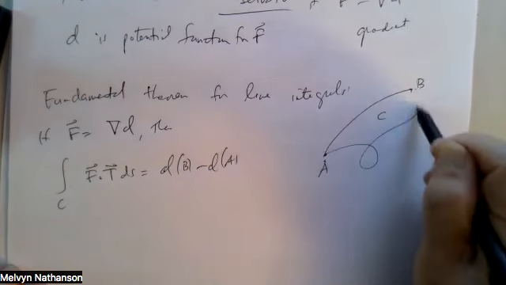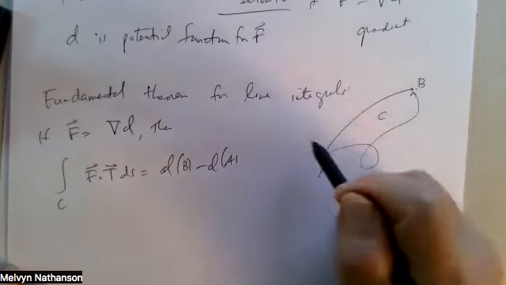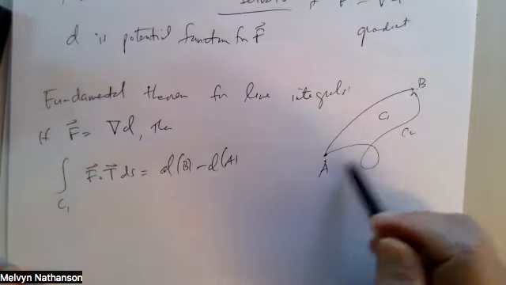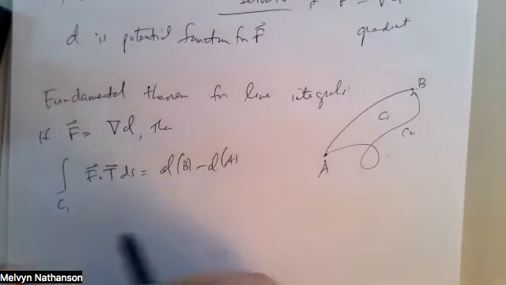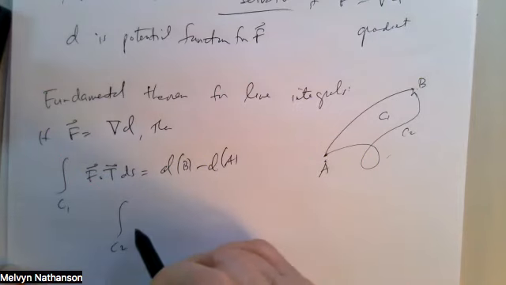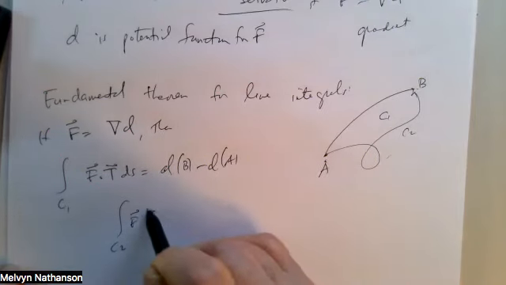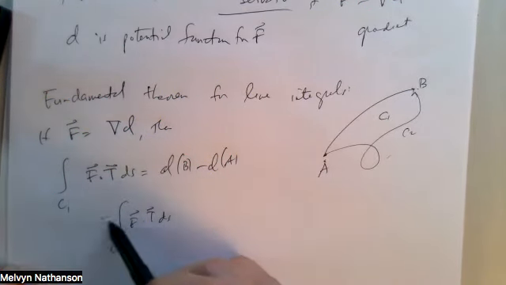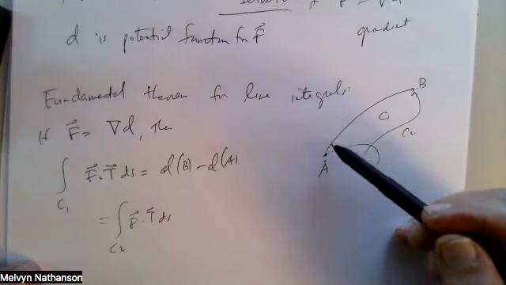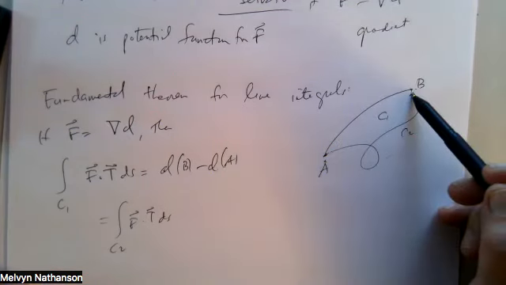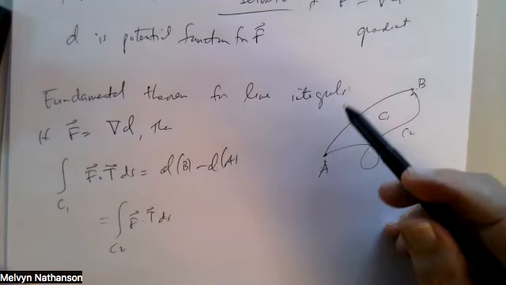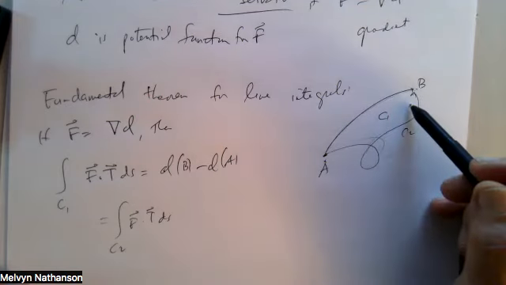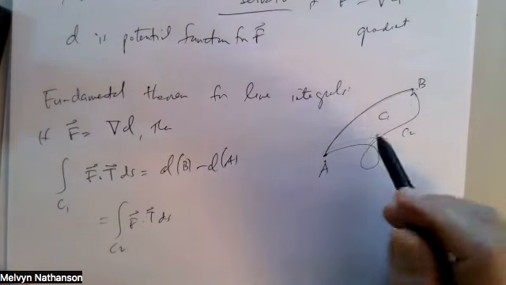If you have another curve, C2, or this C1, from A to B, again, the integral around C2, f dot t ds, is the same thing, the difference at the endpoints, which means the value of the line integral from A to B is independent of the curve. With any curve you take from A to B, the function takes the same value.